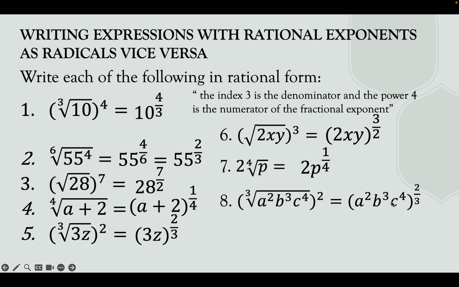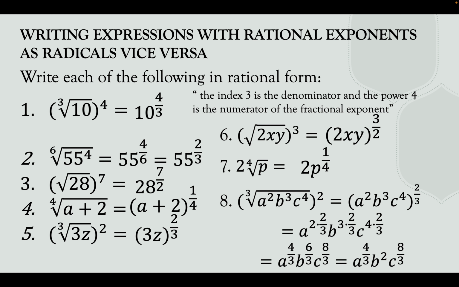We need to simplify this one, distributing the exponent 2/3 to each variable. So we have a raised to 2 times 2/3, b raised to 3 times 2/3, and c raised to 4 times 2/3. So now we have a raised to 4/3, b raised to 6/3, and c raised to 8/3.